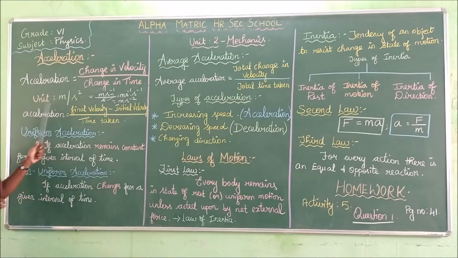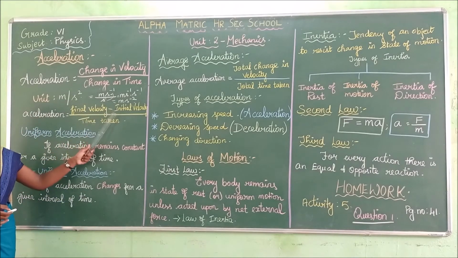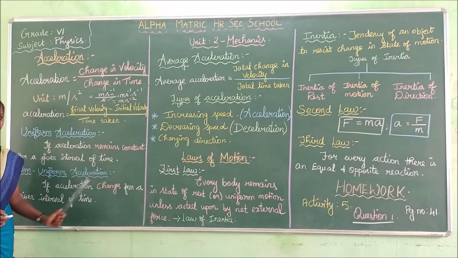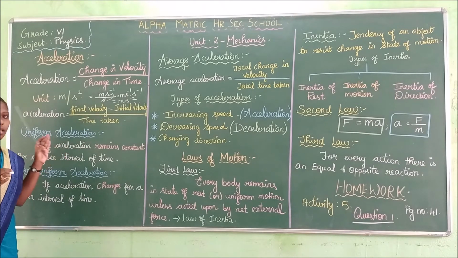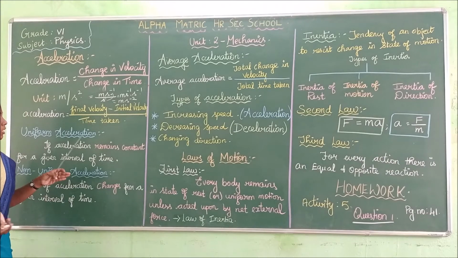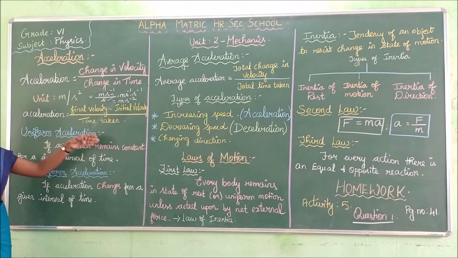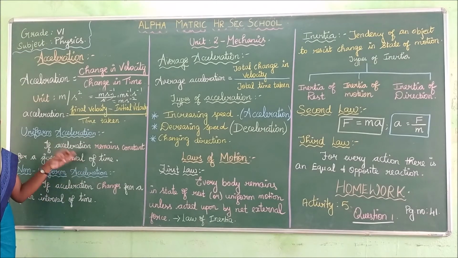So the unit of acceleration is meter second power minus 2. Next, change in velocity is nothing but final velocity minus initial velocity. Acceleration is equal to final velocity minus initial velocity by time taken.